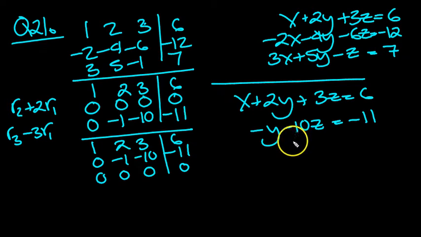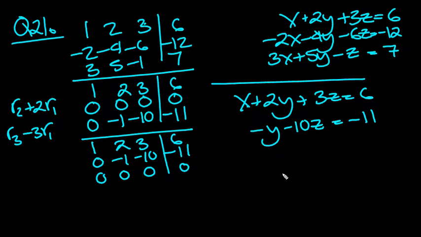They're not parallel planes. So because these aren't parallel planes, they must intersect in a line. So we're looking for a solution which is a set of points along a line. We can see that this 1, 2, 3 would need to be a linear combination of what would be here below for the planes to be parallel, and it's clearly not.